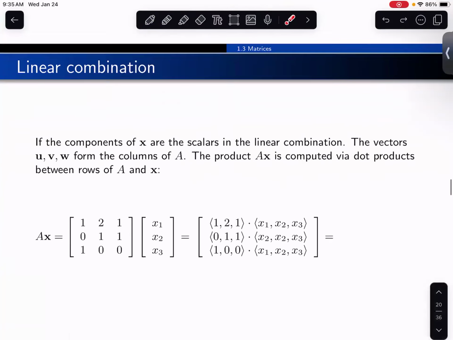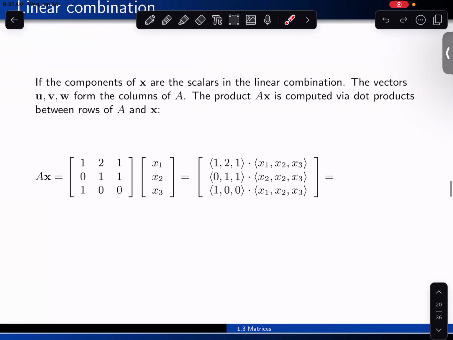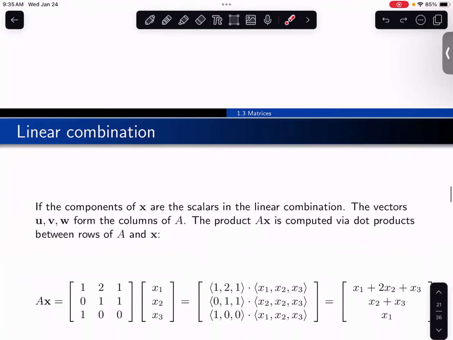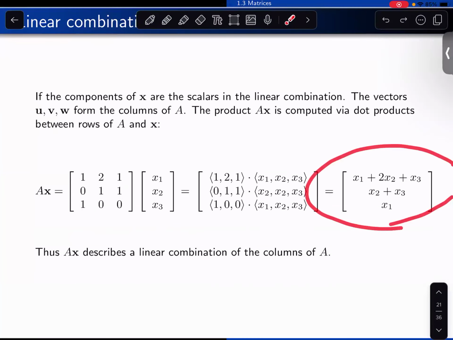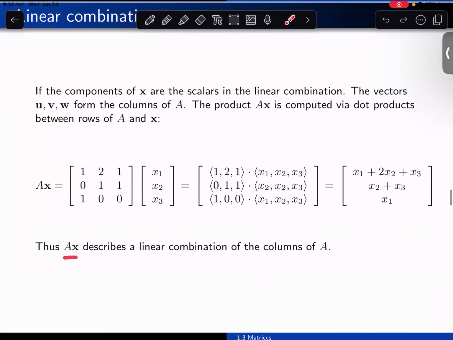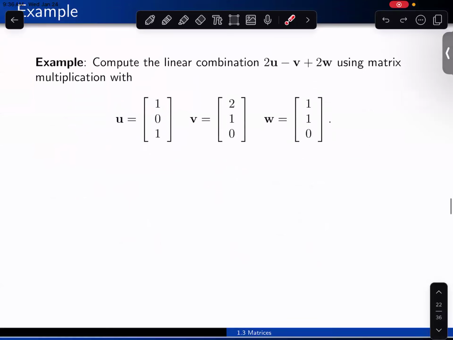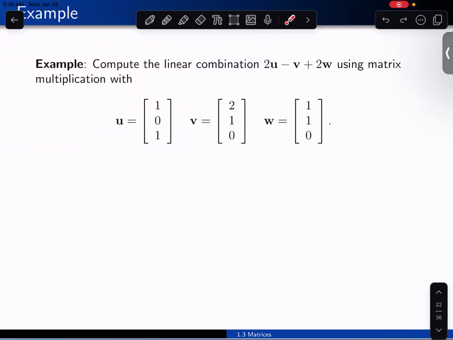The next slide is just computing what I just did, so I write it out in more detail: 1, 2, 1 dotted with x1, x2, x3, and so on. So you end up getting this exact thing. So we see that A times X describes a linear combination of the columns of A. Okay, so there's an example.